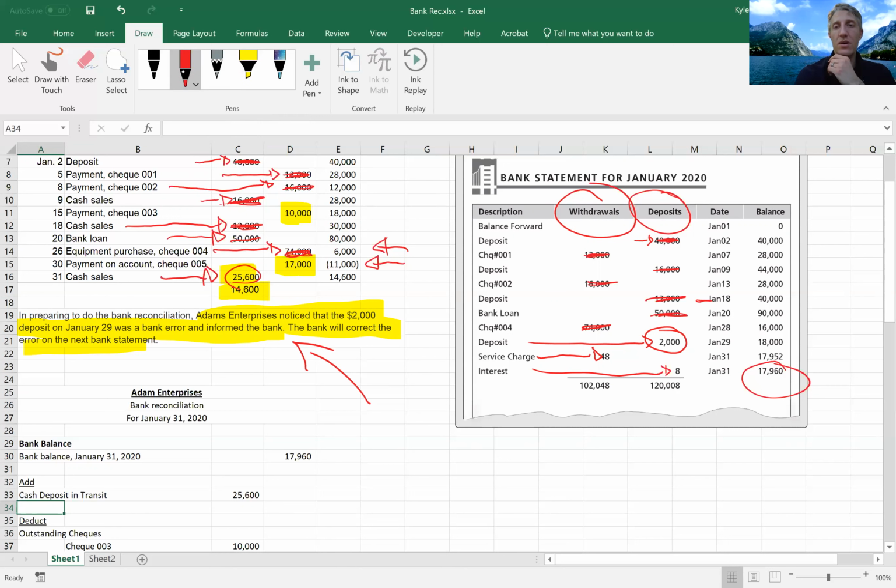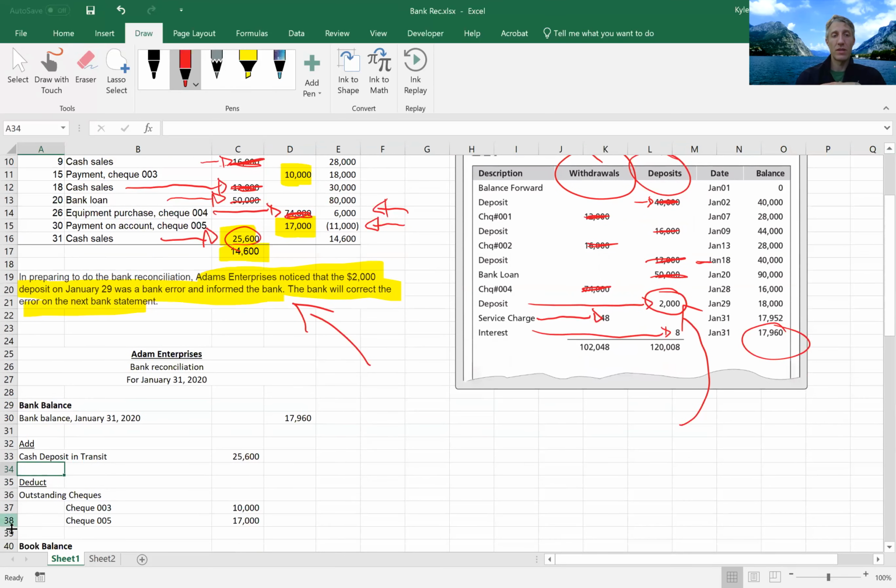So this $2,000 was deposited to our bank, but it shouldn't have been. Since it shouldn't have been, it shouldn't be added to the books. So that means when the bank corrects that error, they're going to be deducting that amount from our bank balance. It should be 2,000. So we've added that into the template, so that's good.